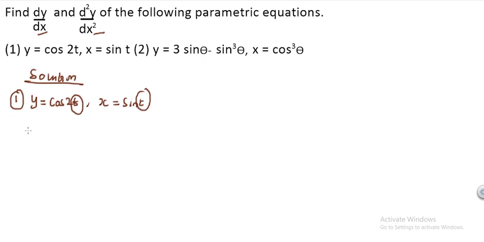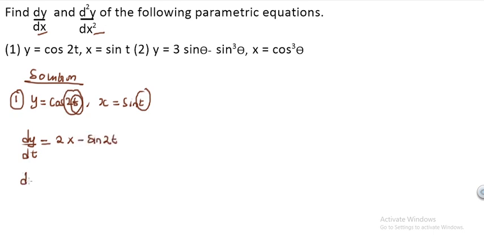First, dy/dt is equal to... now cos 2t is a function of a function, so the way we differentiate it will be different. First, we differentiate the 2t inside the cos, which gives us 2, then times the derivative of cos 2t in all its totality, which is minus sin 2t.